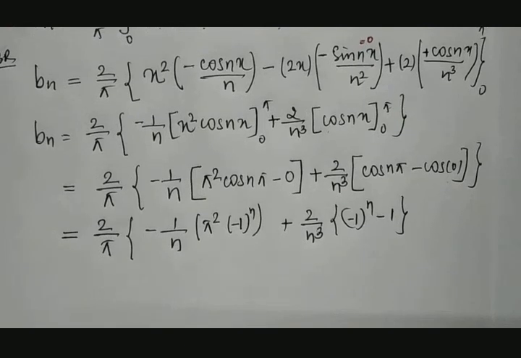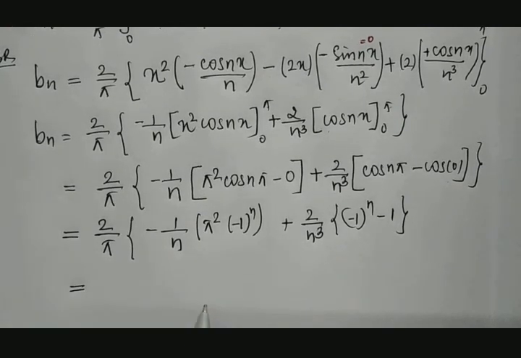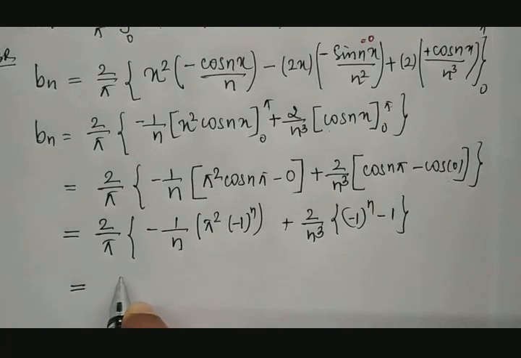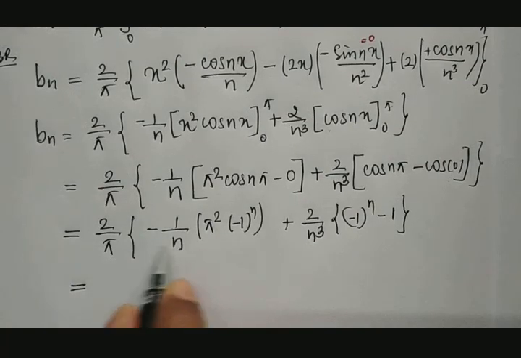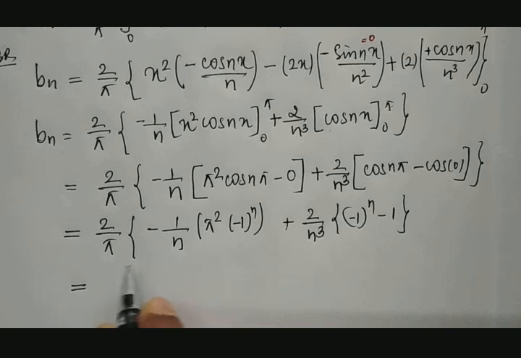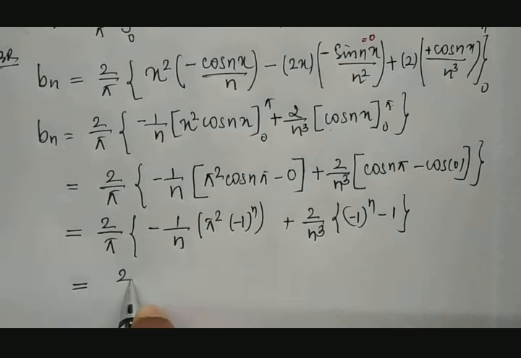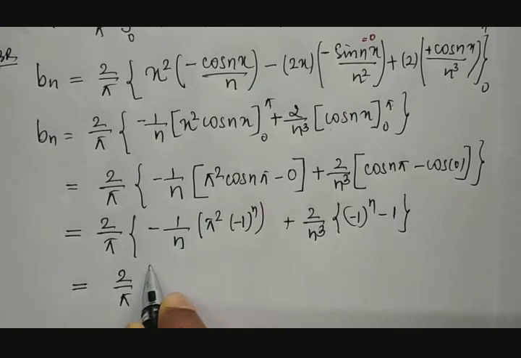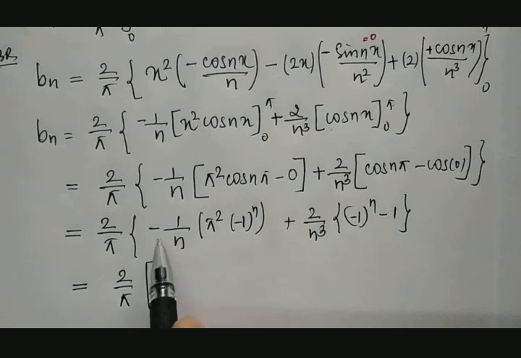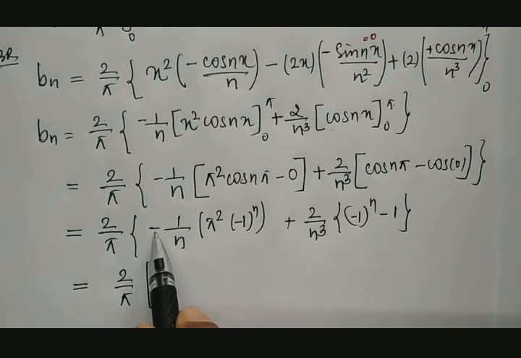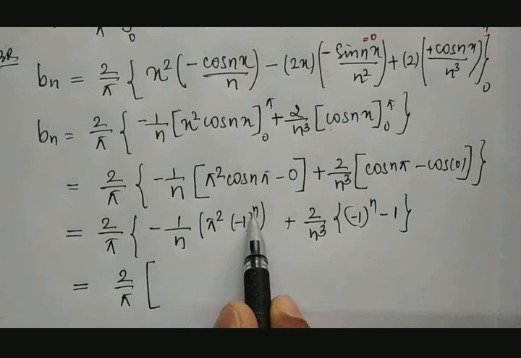Therefore, which is equal to 2 divided by pi into, to avoid this minus sign, I'll be taking it as minus 1 raised to 1 into minus 1 raised to n.